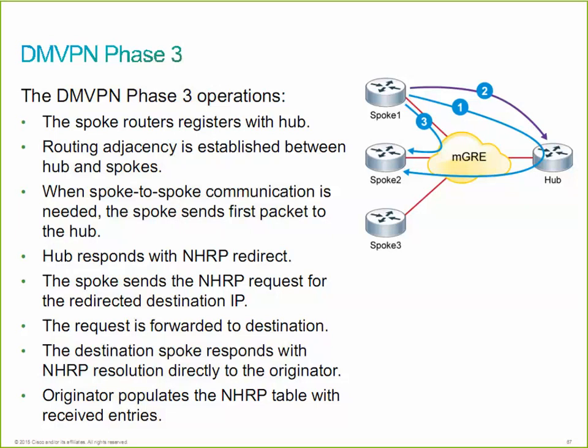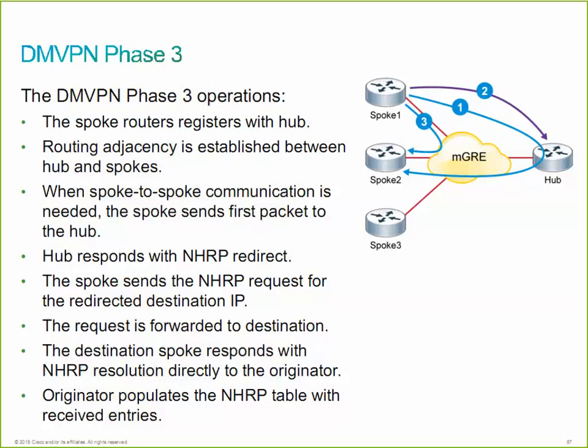It should be sent directly to the other spoke. So that NHRP redirect contains the destination IP address of the original packet. Now, the spoke sends the NHRP request for the original IP address using its routing table, and then that request traverses the hub router, and gets forwarded to the correct spoke router.